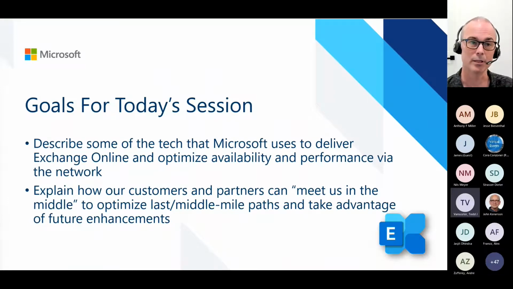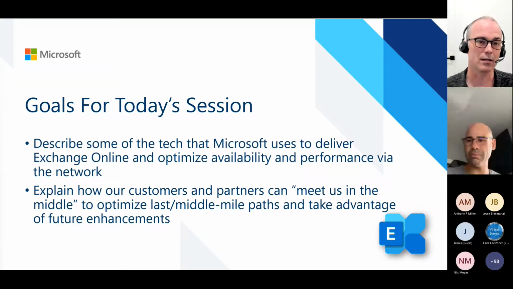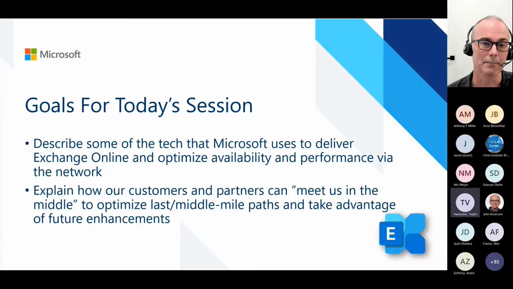There are things that we do architecturally within the design of our service, where we're making some assumptions that our customers are going to help us out with some of these investments, that we're going to make changes within our infrastructure that, as an example, push our cloud closer and closer to our end users.